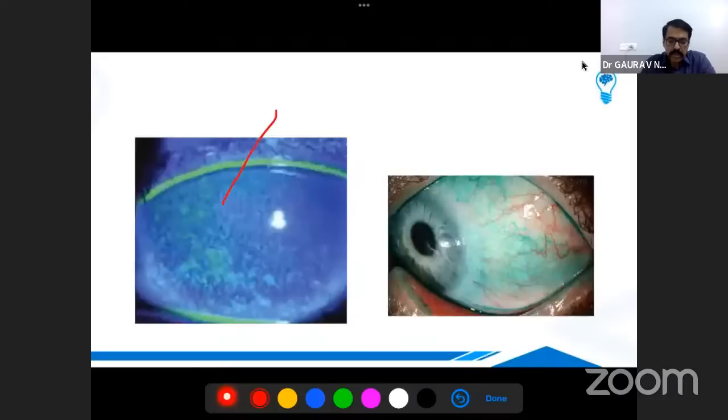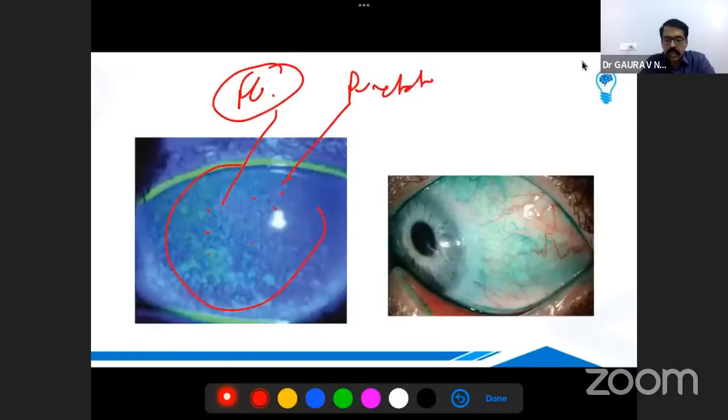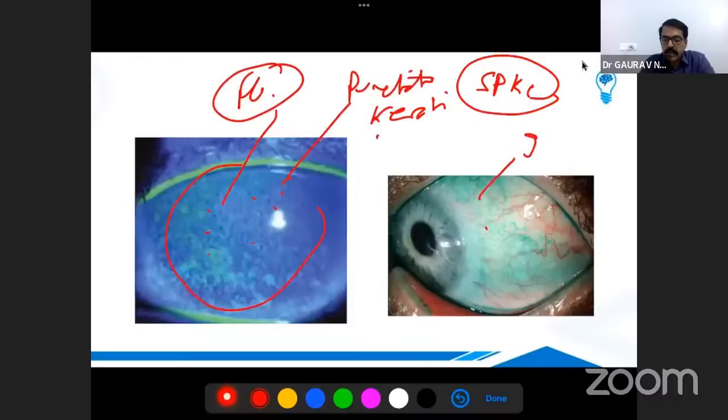So this was the fluorescein stain. This is how fluorescein stain will look like, where the cornea is getting stained. This is punctate keratitis. These are SPK, superficial punctate keratitis, and will look like this. And this is how the lissamine green stain will look like. For a colorblind person like me, they appear to be so green, but actually this is dark green and this is bluish.